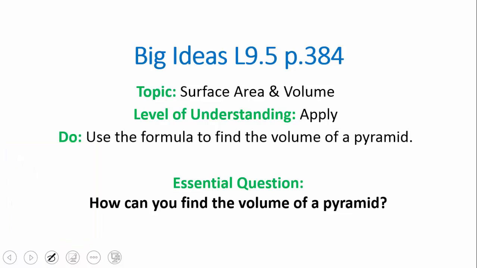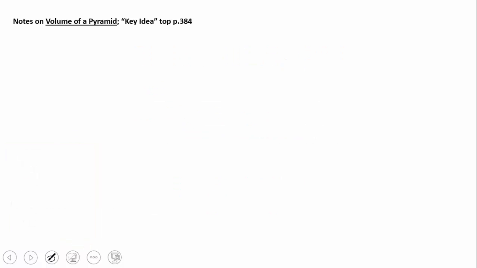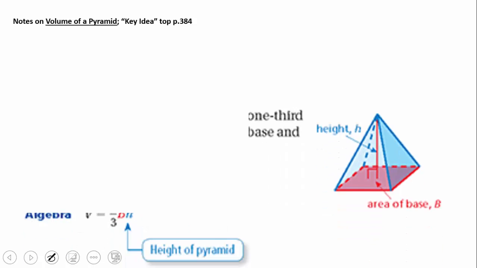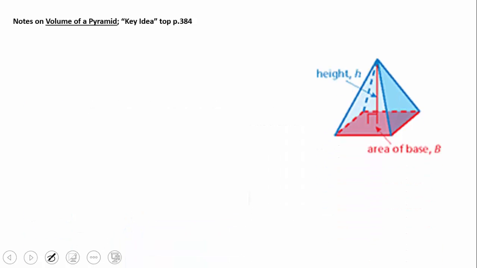You were asked to take some notes from the top of page 384 on volume of pyramids, so you should have kind of an idea. You should know that when you have this picture of the pyramid, you recognize that it has a base, but there is something we need to learn about a pyramid. One, the height of a pyramid is different from the slant height.